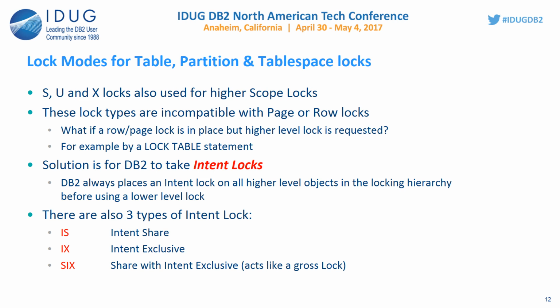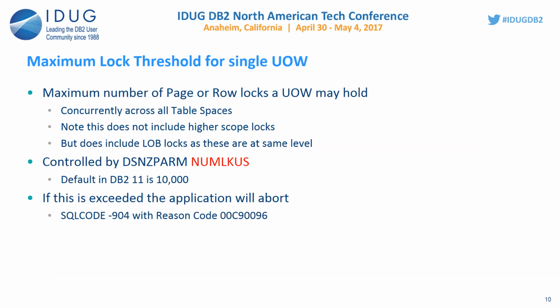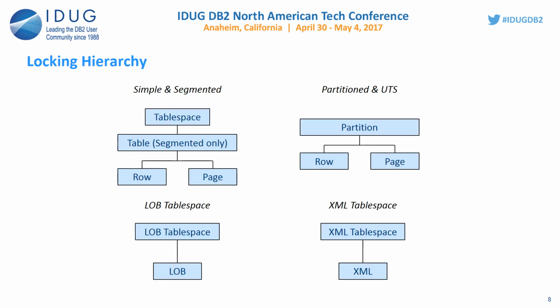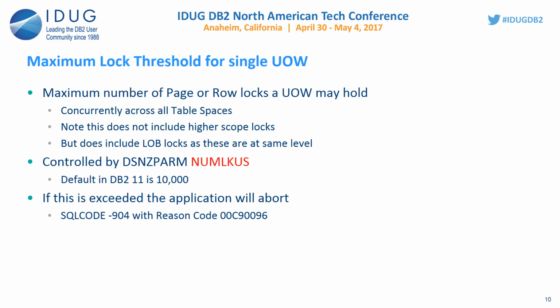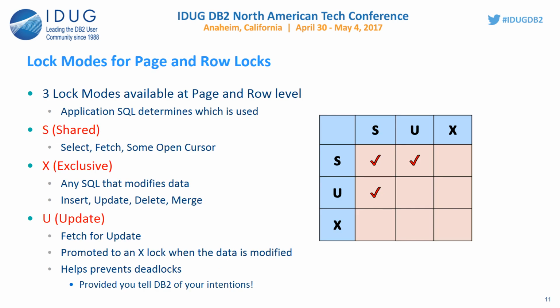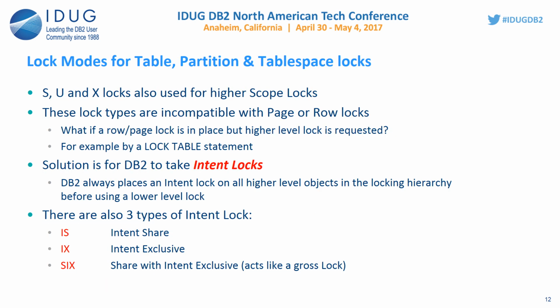Going back to my diagram here, I have an exclusive lock at the row or page level, which means I have an IX or an IS lock here. And now I take a lock table statement, a lock table with share mode. So DB2 has to lock the table in share mode with an IX here, and you end up with a SIX lock. So intentionally, you can almost ignore them. They're very, very unusual beasts.